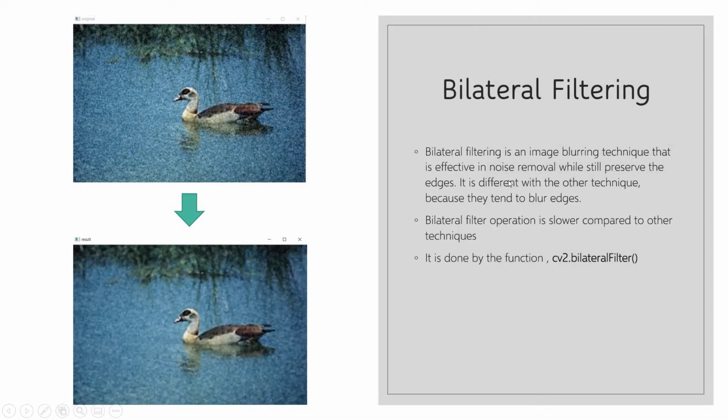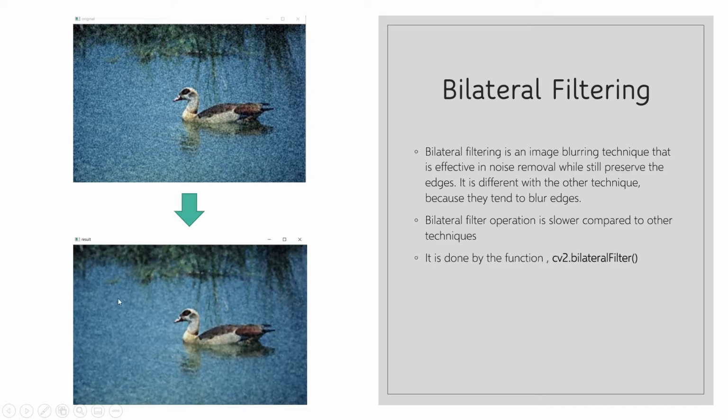Next, bilateral filtering. Bilateral filtering is an image blurring technique that is effective in noise removal while still preserving the edges. It is different from the other techniques because they tend to blur the edges. You can see right here, it still reduces the amount of noises.